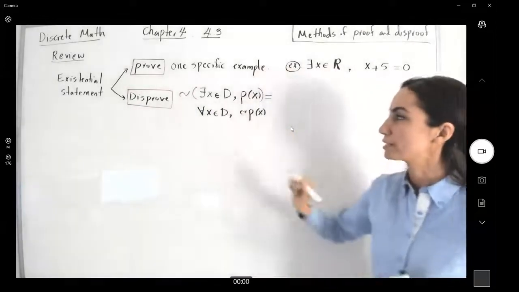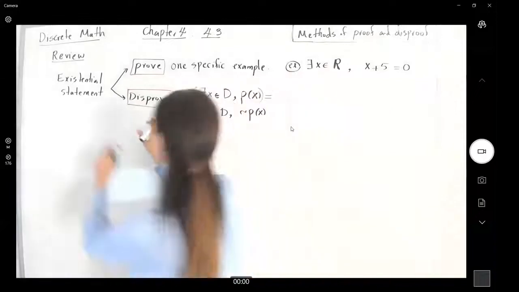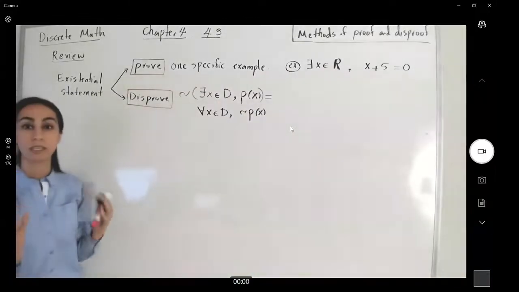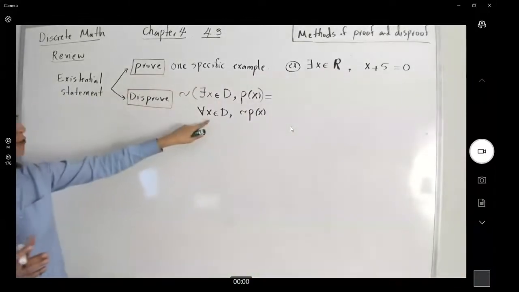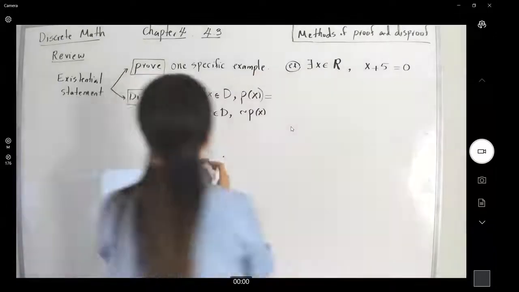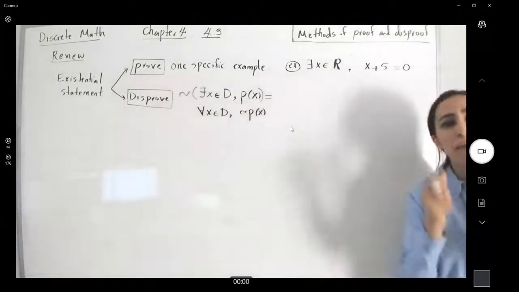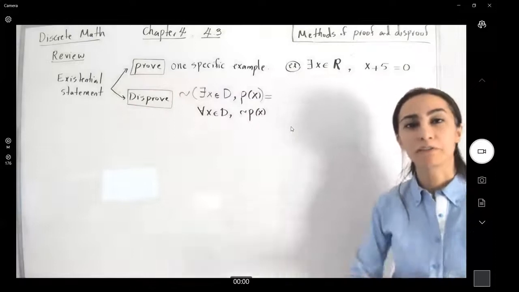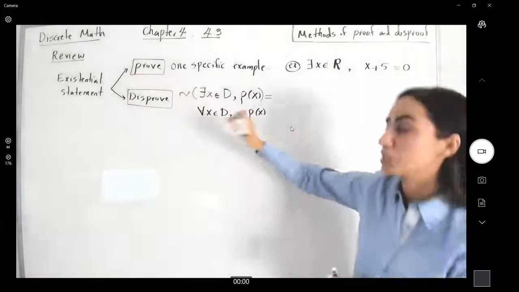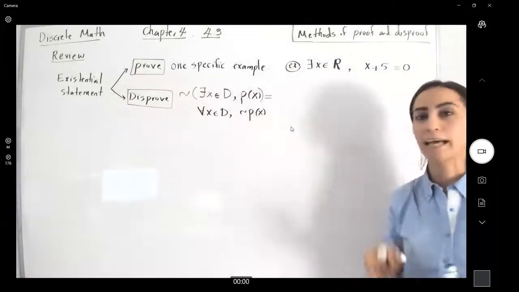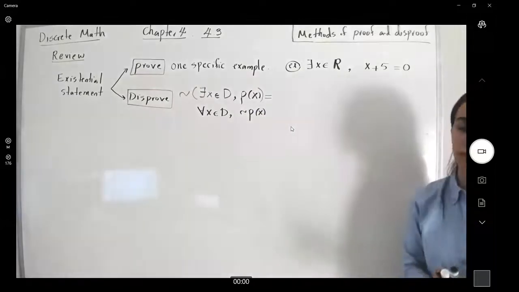So it means that to disprove an existential statement, we need to take a variable, arbitrarily, randomly taken from D, that satisfies the negation of the predicate.